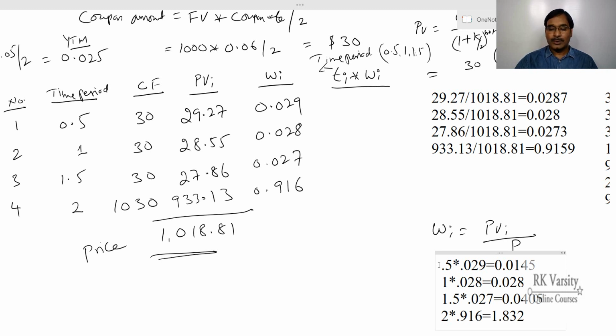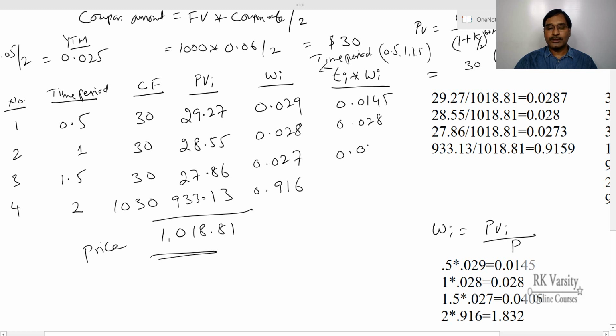These give 0.0145, 0.028, 0.0405 and 1.832. When you sum all this, you will get the duration.